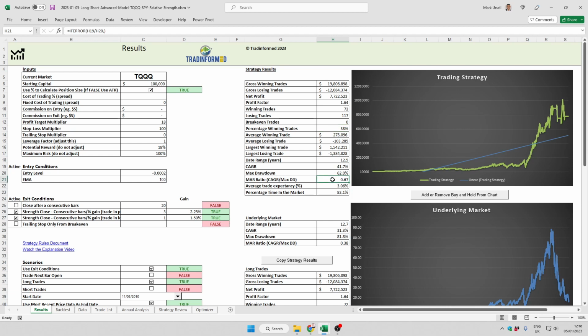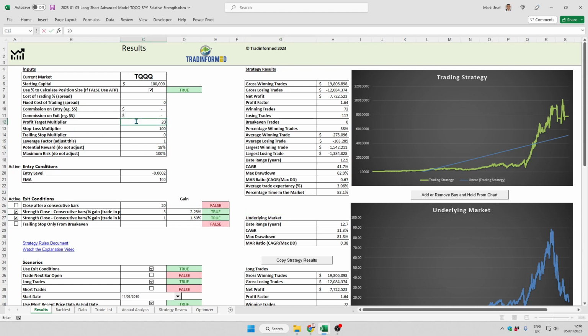My MAR ratio is slightly worse but not too far off. We can probably explain this by the greater amount of volatility, possibly causing some higher drawdowns with TQQQ. But average trade expectancy, a very robust 3%. And the strategy looks pretty good straight off the bat like that, directly comparing it.